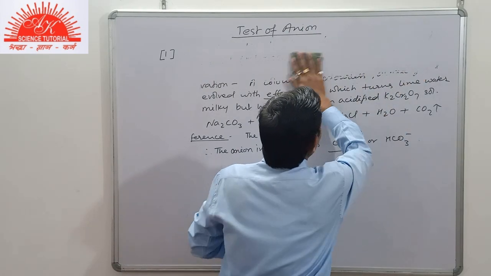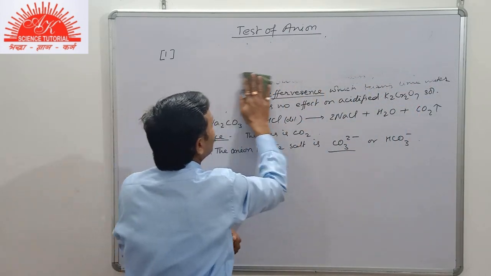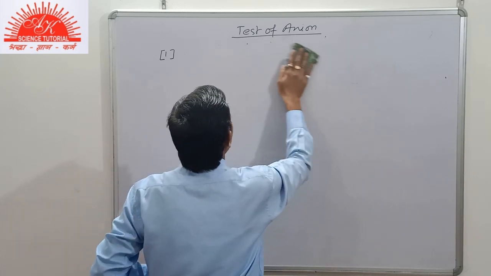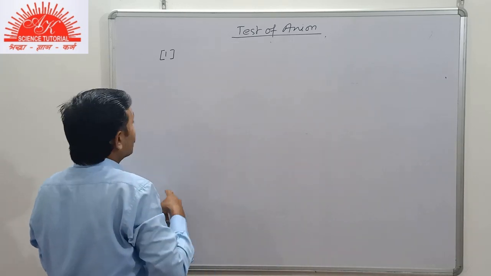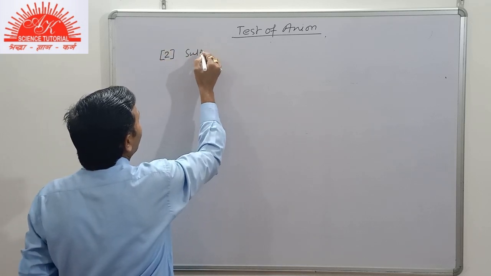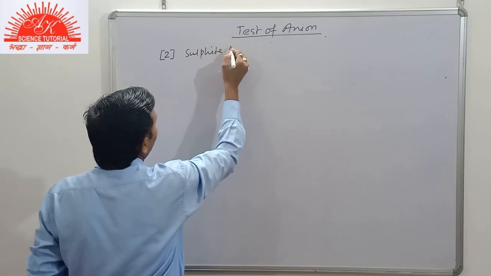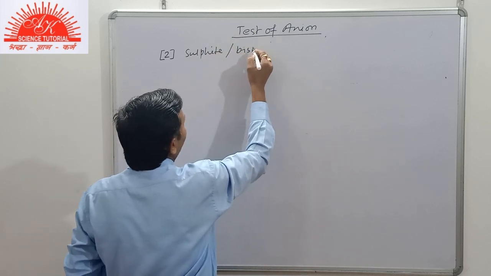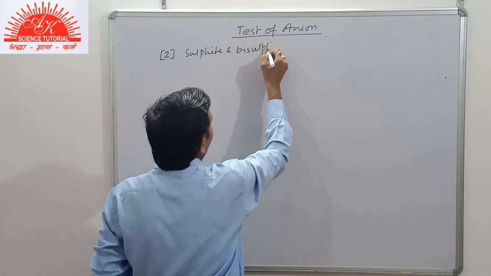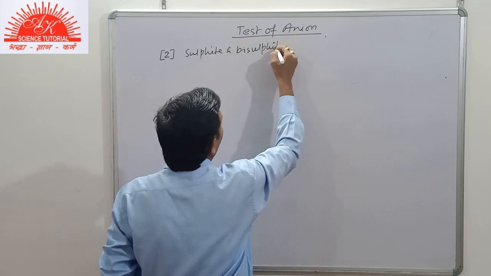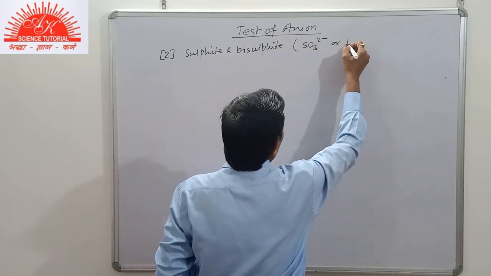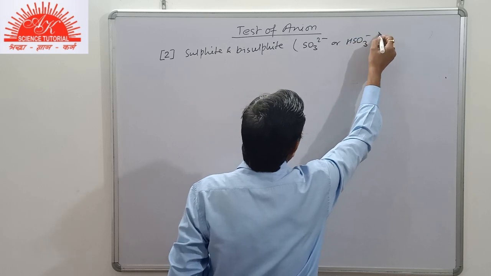Now, the second part of it, we have to study here the second type of anion, that is sulfite or bisulfite. Sulfite and bisulfite, that is SO3 2 minus or HSO3 minus.